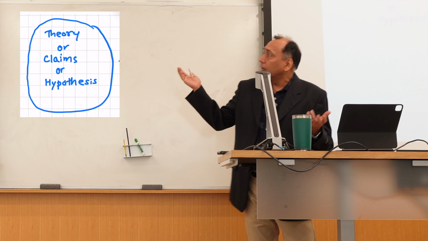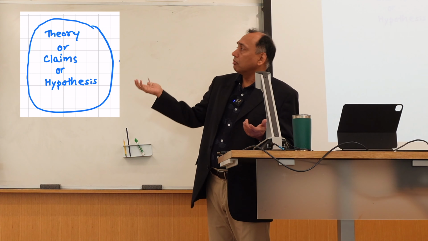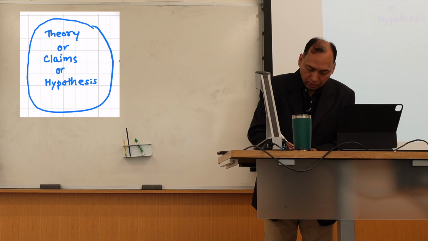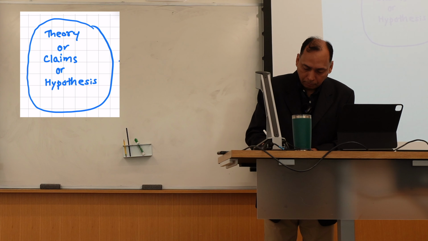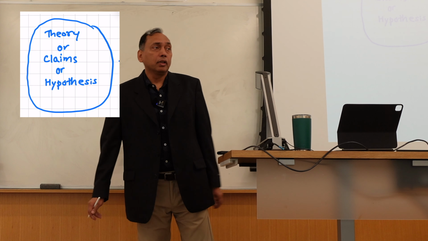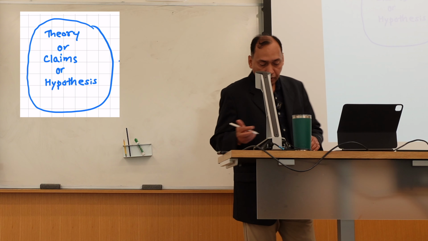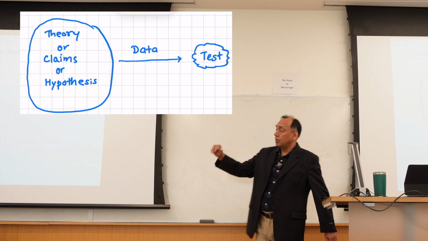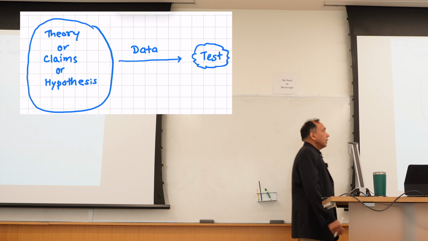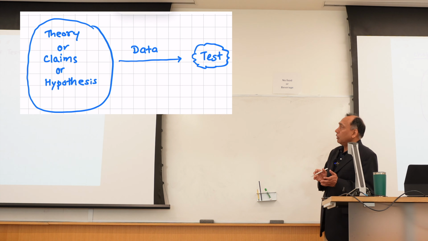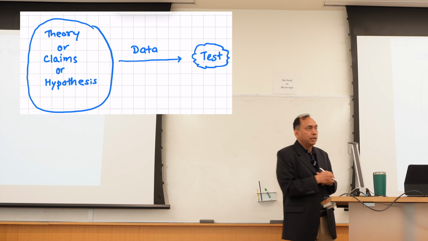So these are like theories. Somebody may claim that this is what is right. These theories, claims, or hypotheses are proven right or wrong based on some test. You want to test these hypotheses or theories and then come to a conclusion whether or not it is correct.